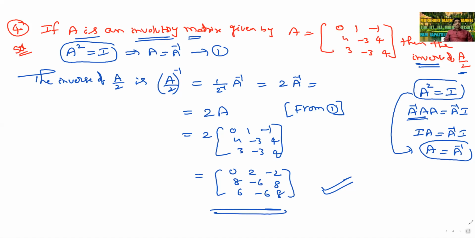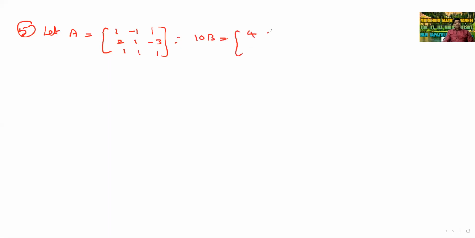Now I am going to explain question number 5. Let A be the matrix 1, minus 1, 1, 2, 1, minus 3, 1, 1, 1, and 10B is given as 4, 2, 2, minus 5, 0, alpha, 1, minus 2, 3.